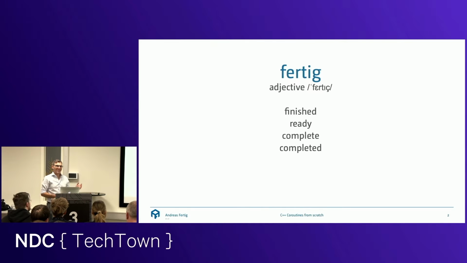Proper German, it's Fertig, so it's not a hard G at the end, but at the end I will get it, I think. I have a couple of years to live, hopefully. If you translate it to English, it translates to finished, ready, complete, or completed. So it's an excellent name if you're on the team. Everybody thinks everything is finished just because somebody yells your name, which isn't the fact.